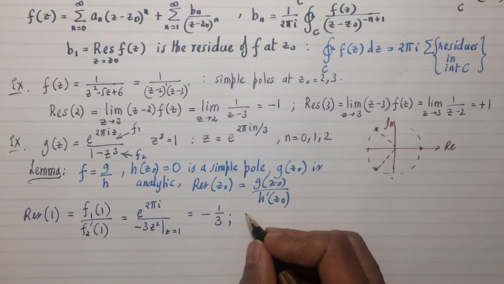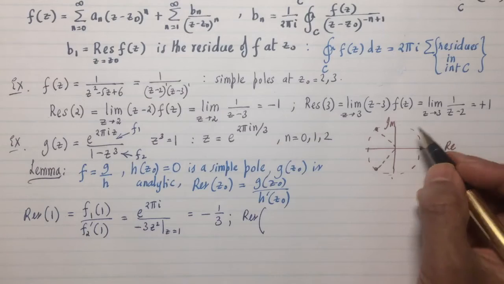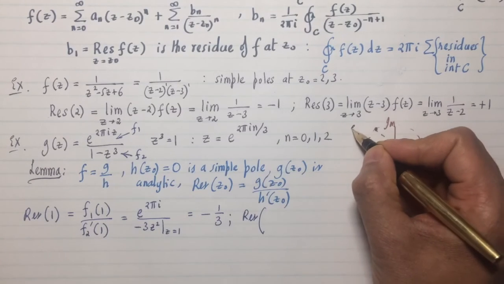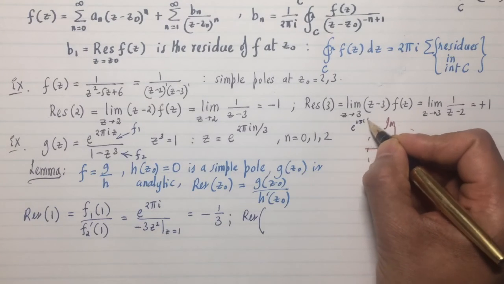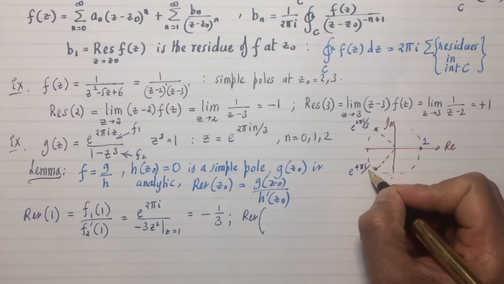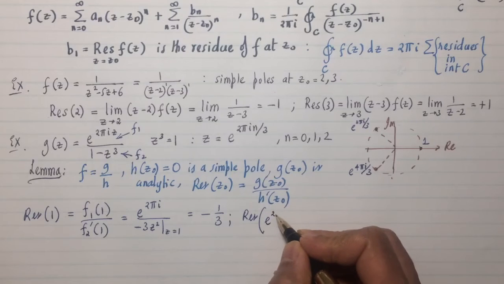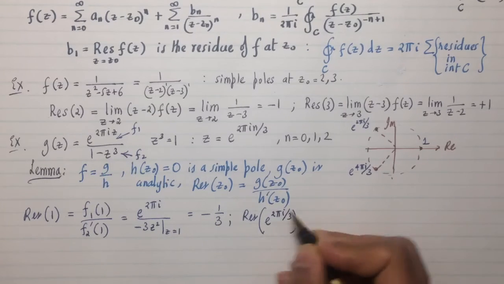Let's try the residue at the next root of unity, which is e to the 2 pi i over 3. So I get the residue at e to the 2 pi i over 3 using the same theorem.